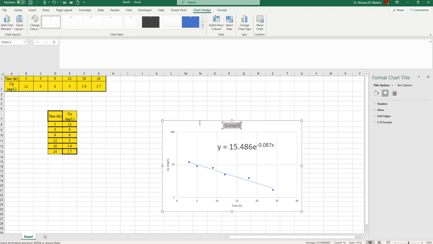Here I can write concentration versus time. I can also write semi-log graph.